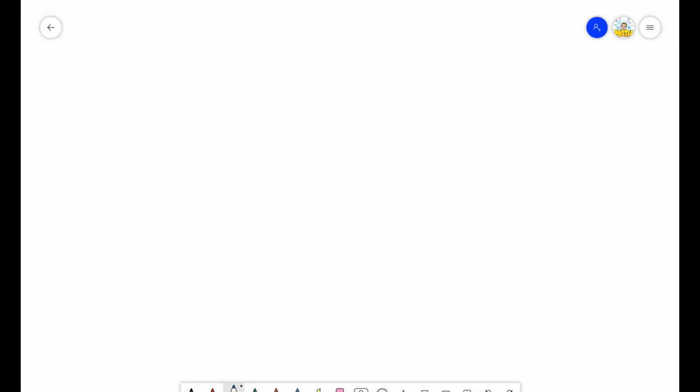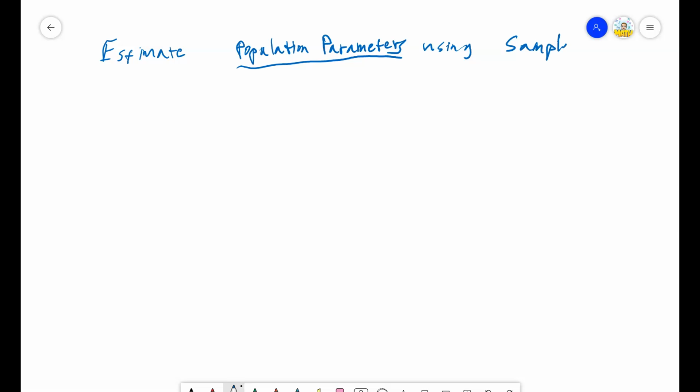So the whole purpose of this course is to estimate our population parameters using sample statistics. An easy way to remember this is keep your S words together. If something is talking about a sample that you gathered, that you collected, then that's a sample statistic.